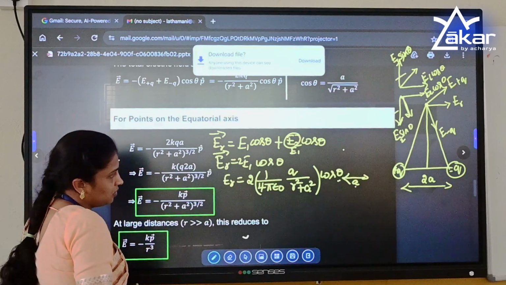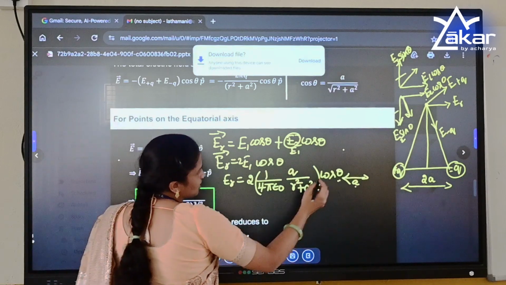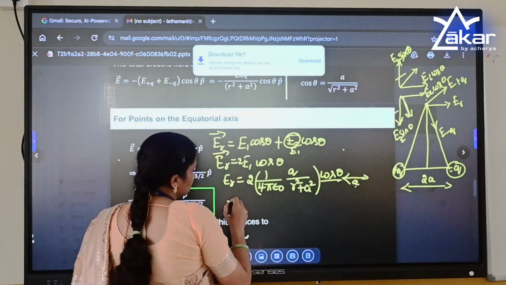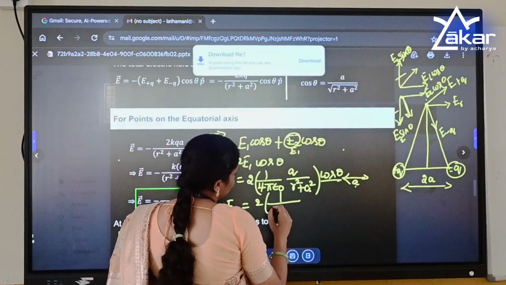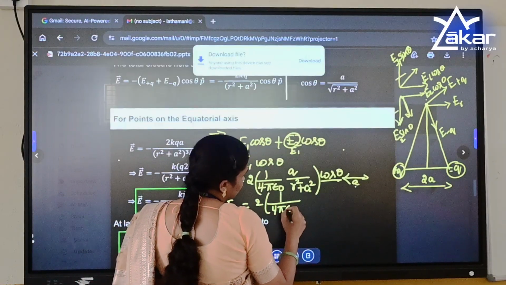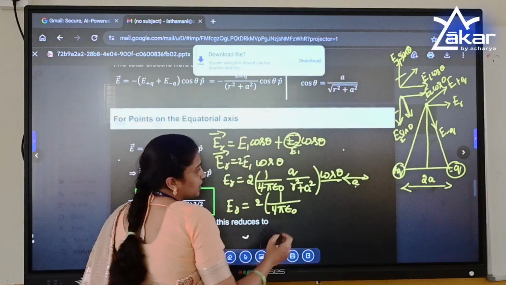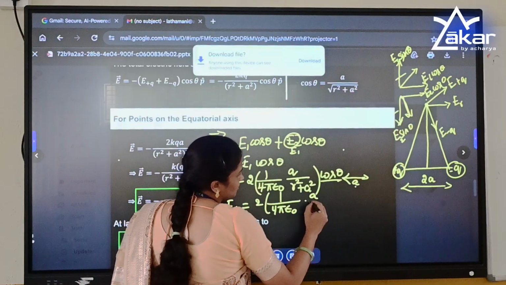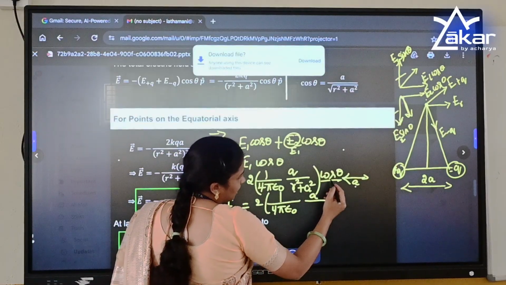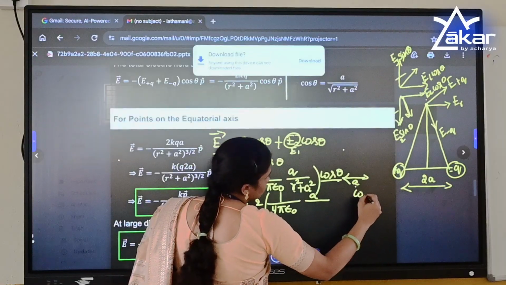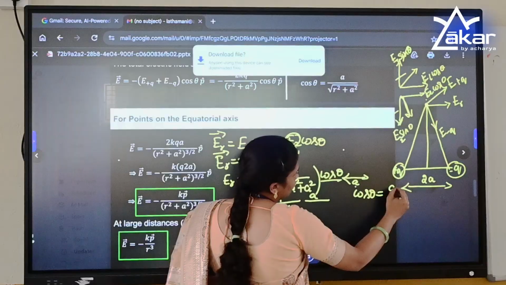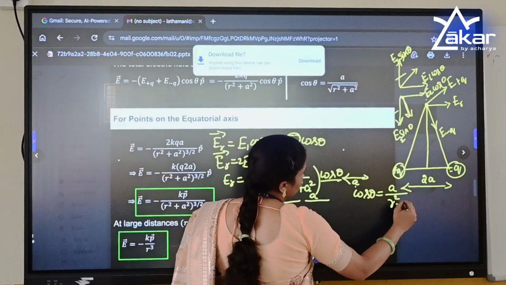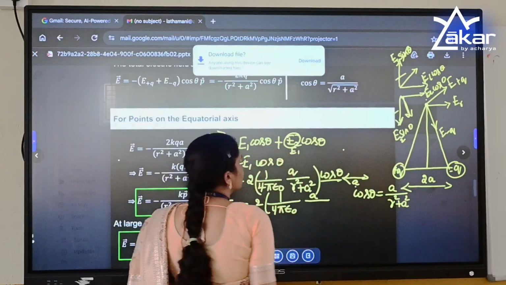Now we will get cos theta. We have to resolve cos theta from this figure. So cos theta is a divided by r square plus a square.